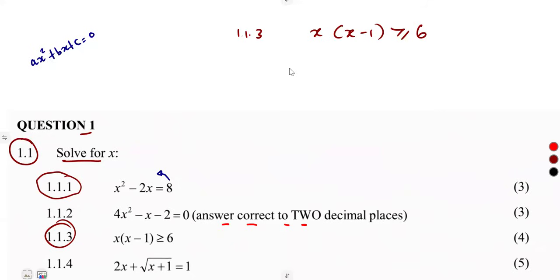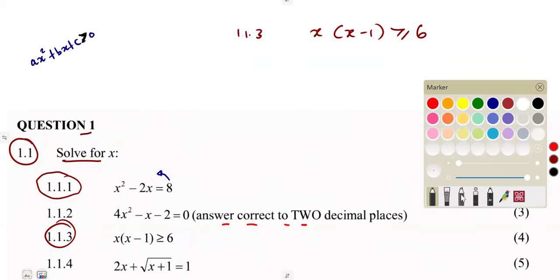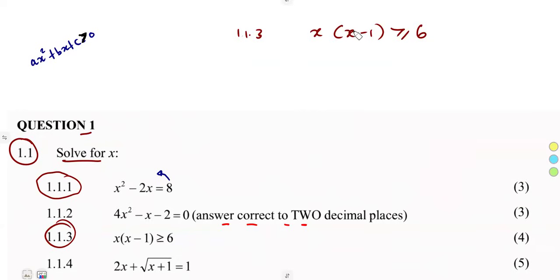So as long as you have a quadratic, you're going to need the format similar to a quadratic equation, only now you're going to have an inequality sign. Is it greater than what? But one side must be 0. So let us expand our brackets first, then we can have that format.